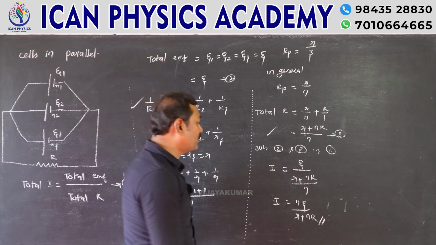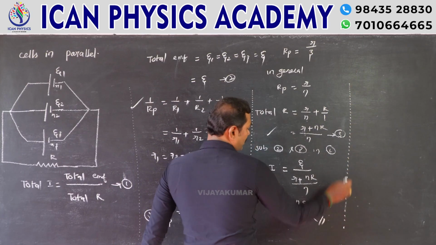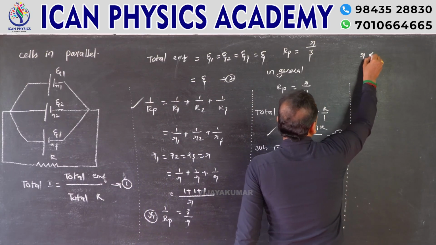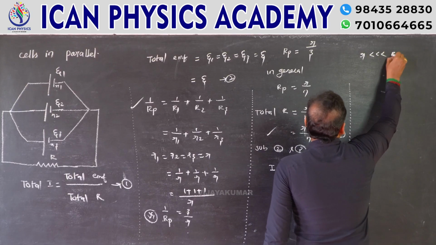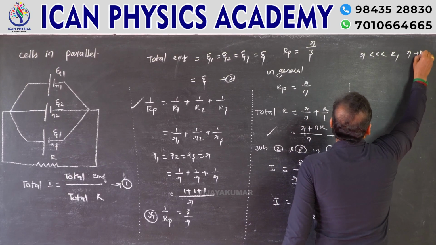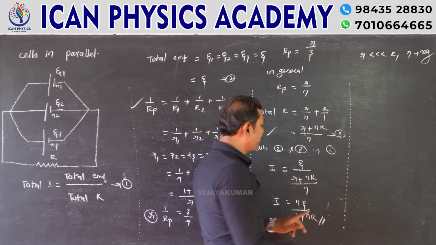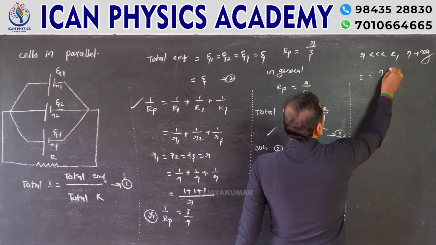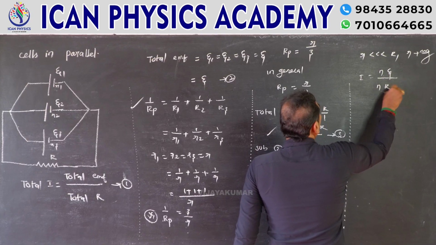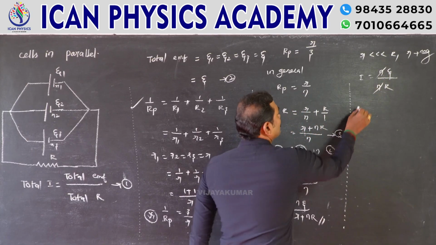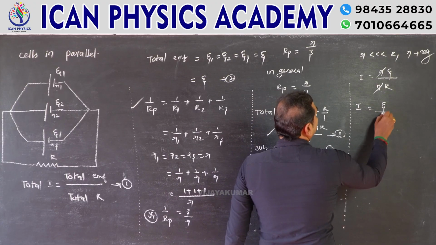For that we are going for 2 cases. In the first case, when small r is much smaller than capital R, small r can be neglected. Then I equals n psi by nR. The n gets cancelled, so I equals psi by R.